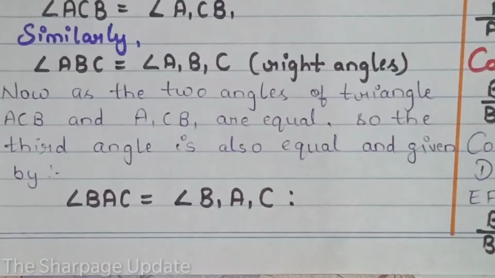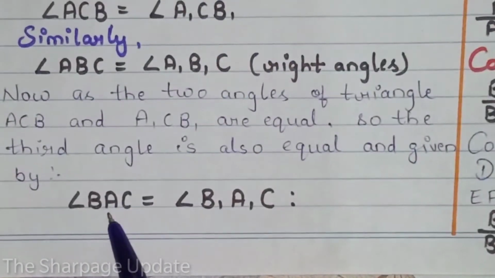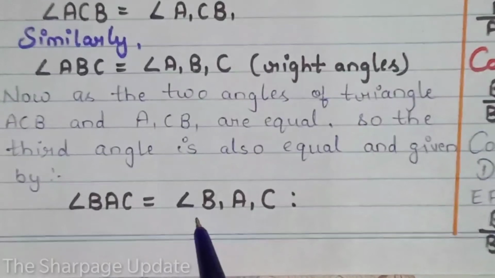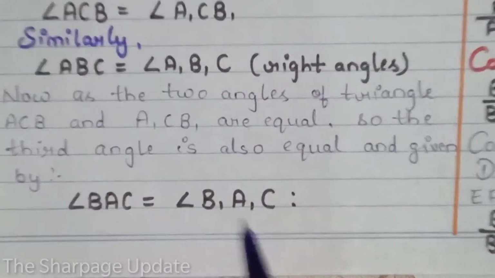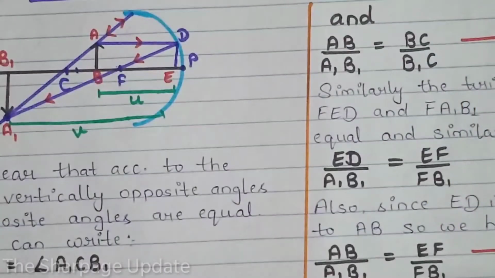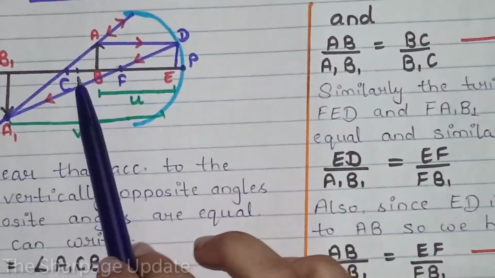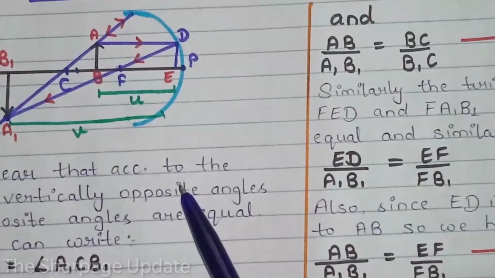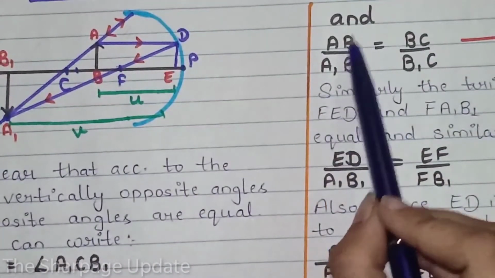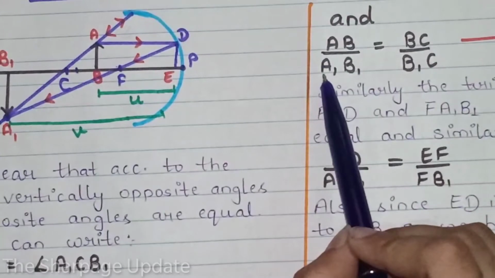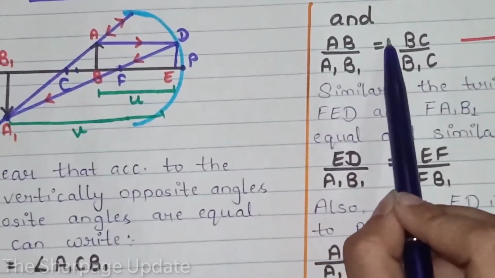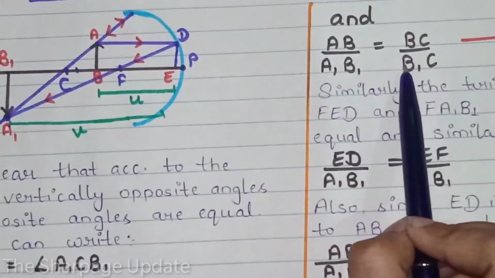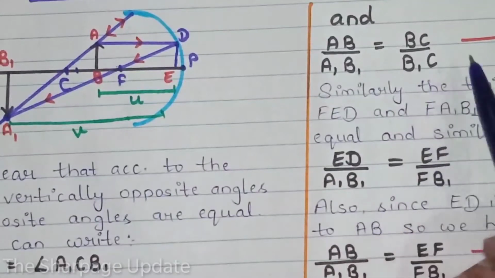As triangles ABC and A1B1C are similar, we can write AB upon A1B1 is equal to BC upon B1C.